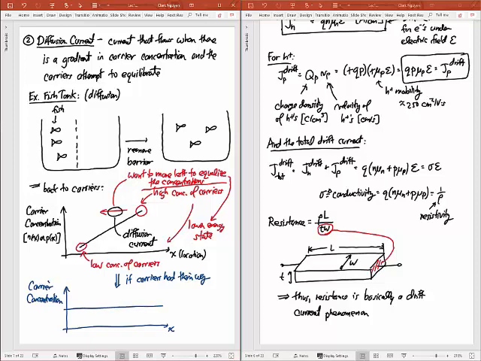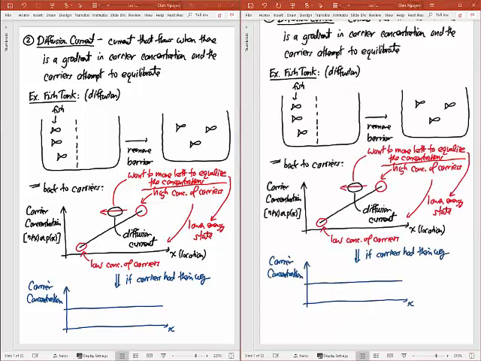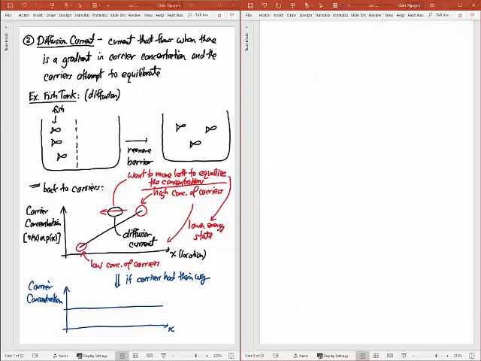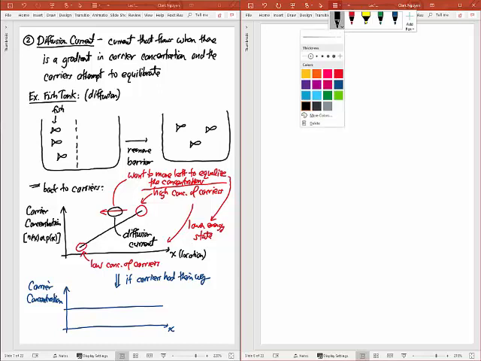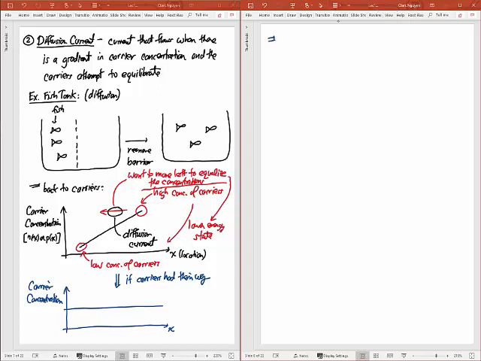This would end up a straight line. Okay? And so obviously this diffusion current, how much current you get, is going to be dependent on the slope of that curve. The steeper that slope, the more the stuff on the right side wants to move to the left. Okay? And so this diffusion current is going to be proportional to this carrier gradient. And in particular, it'll be proportional to the negative of that carrier gradient. Let me just write that.